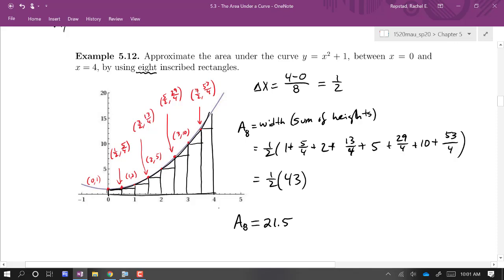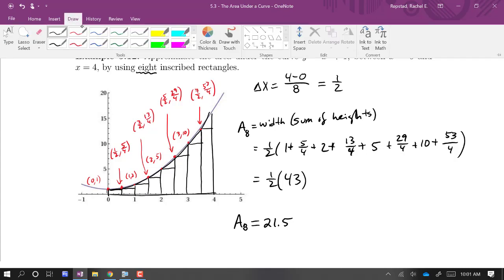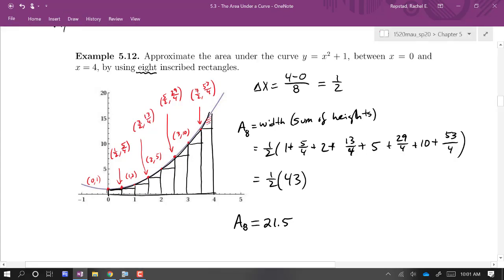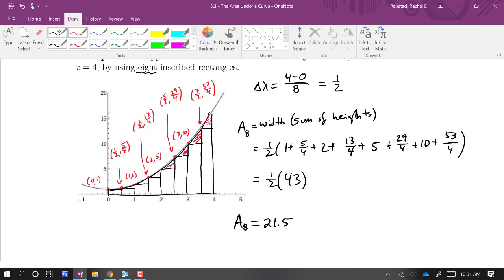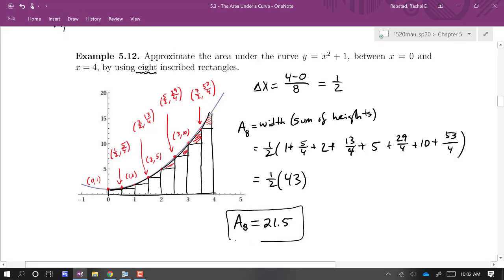Now there's 2 things I can tell you about the area under the curve. Like the last time, I could tell you for sure the area under the curve is more than 21.5 because again, these are inscribed rectangles. I can see, look at all this area that I haven't included. But I can also tell you that this is a better approximation than the last one.